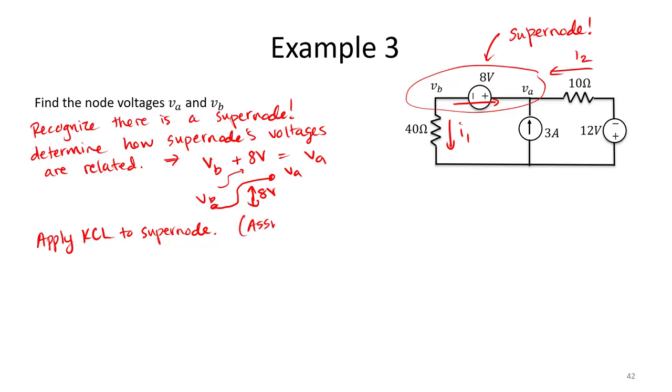So here we assume directions for our unknown currents. And so if we apply Kirchhoff's current law to that supernode, we determine we have minus I1 plus 3 amps plus I2 equals 0.